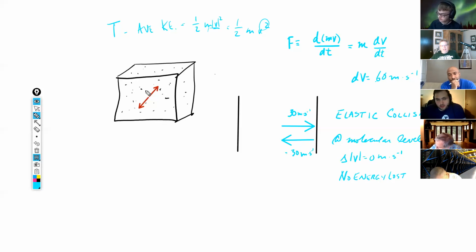Now, if I put this molecule in this box, how much of the pressure will it account for? How does the pressure change as opposed to the force? It will only be 1/3.